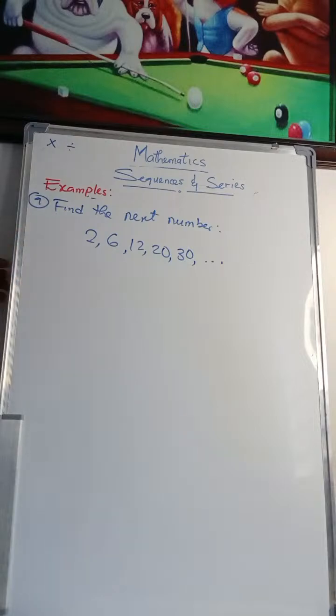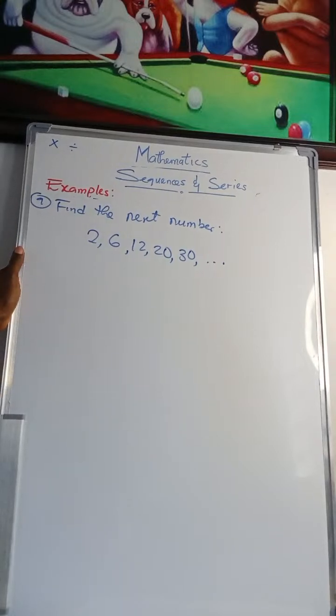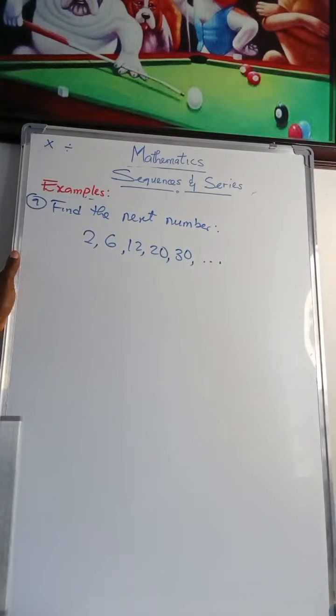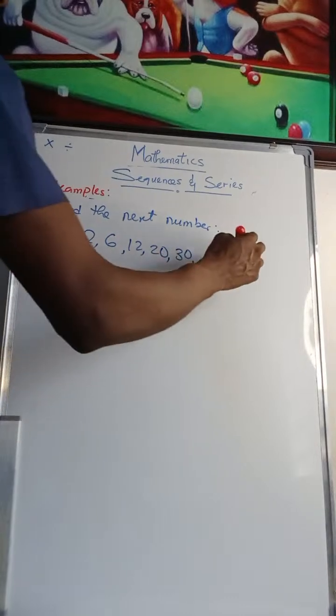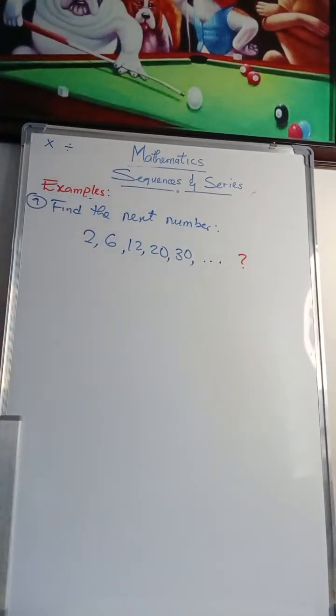I want us to try this. Let's find the next number. This is a logical pattern sequence. And I'm sure we can get a common difference and we can get a common ratio. All right, so it's a pattern that we need to figure out what the next term is. So who is telling us what the next term is? What will be the next term? The next number.